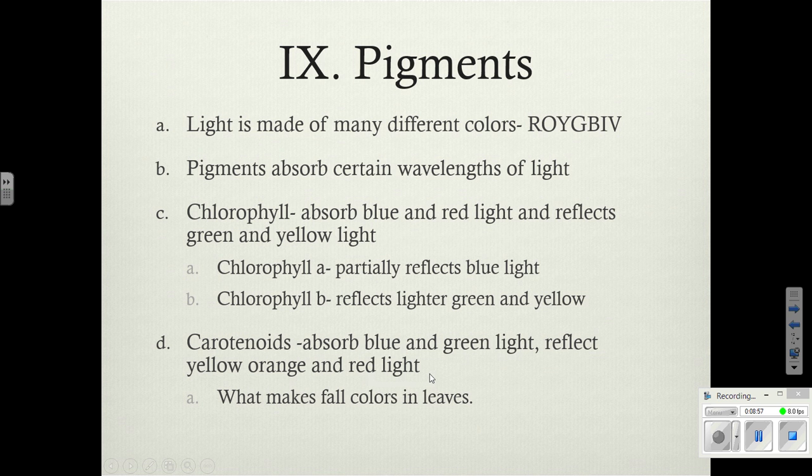In the fall months, the wavelengths of light change as the Earth rotates, and not as much sunlight is hitting the Earth directly. So we have to absorb different wavelengths of light. This pigment allows plants to get those other wavelengths and reflect different wavelengths, which is why in the fall, leaves change color. It's actually because of these pigments.